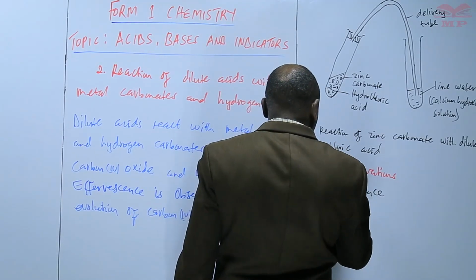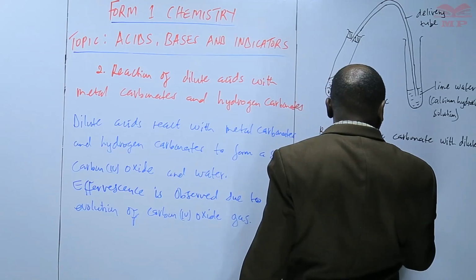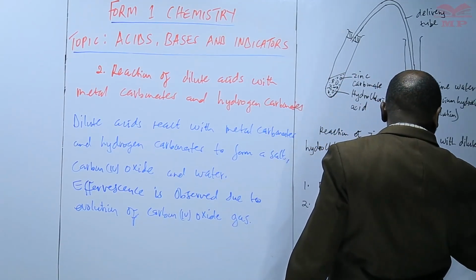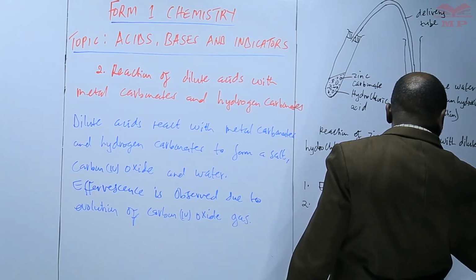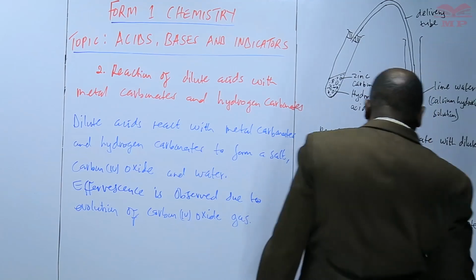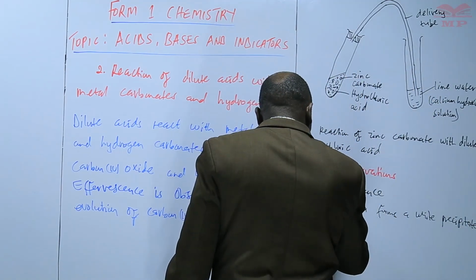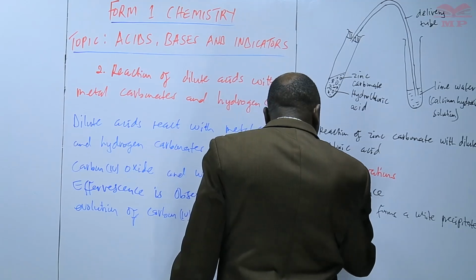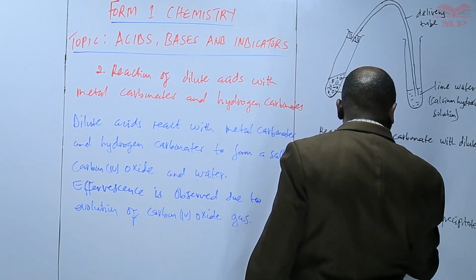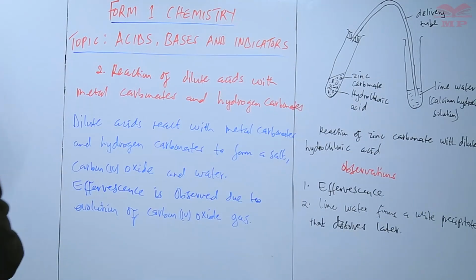So lime water forms a white precipitate that dissolves later. So we'll have an explanation of that.